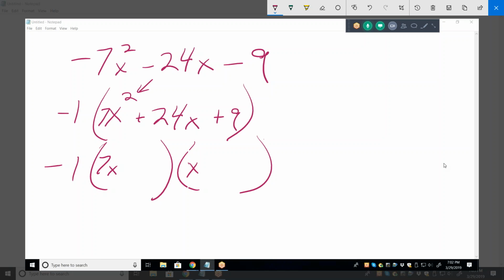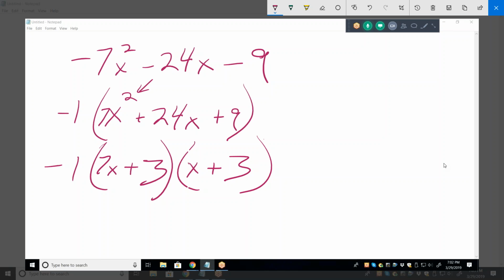Okay. Now figure out both signs. What do both signs have to be? Positives. Okay. And now what's the easiest way to factor 9? 3 and 3. Let's just check and see if that works.